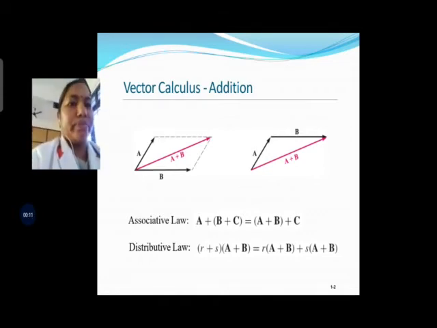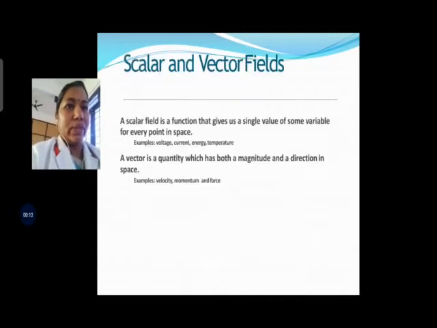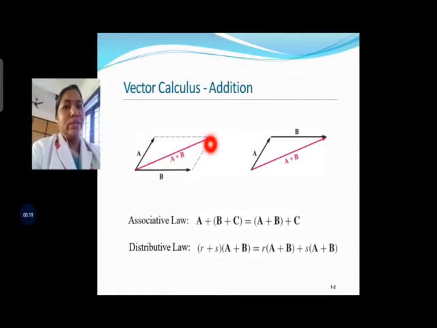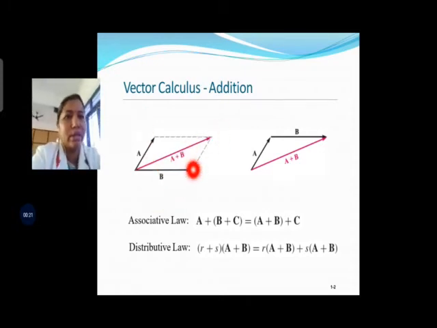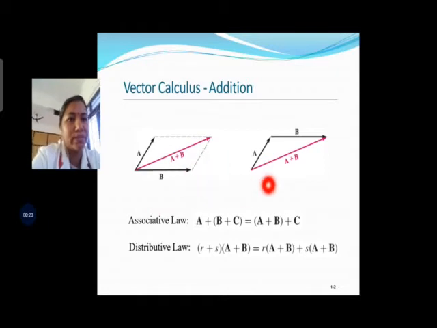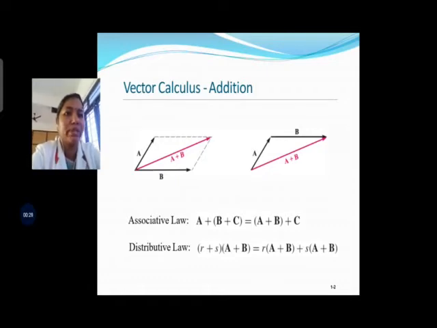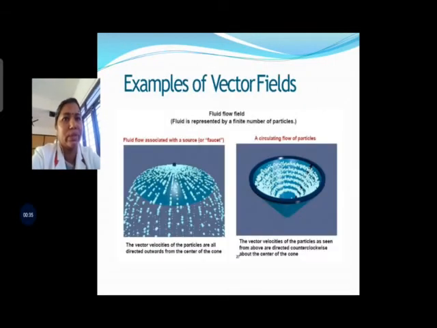Multiplication means cross product and dot product. In addition we will have A plus B. Like addition we will have A minus B. So A plus B plus C, associative law. Likewise distributive law.